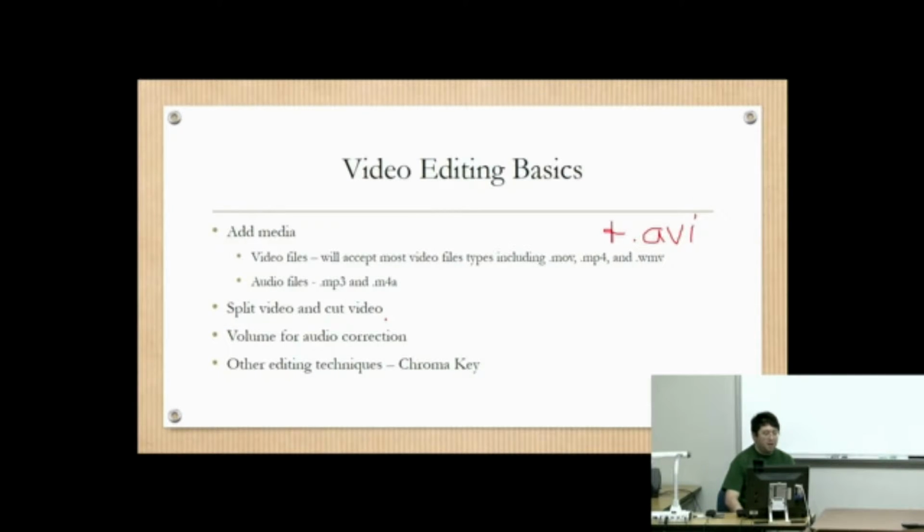To split video, and this is if you want to cut a certain chunk of video in your file. So let's say you have, and this is just a video strip, and you want to cut this part out, so you just hold the cursor onto there, and it'll have the scissors.